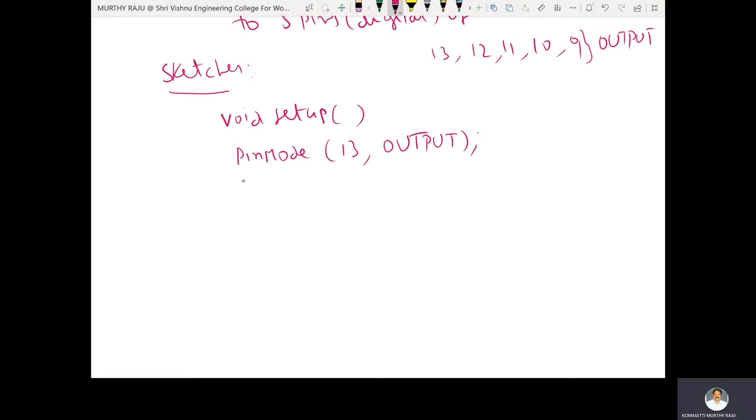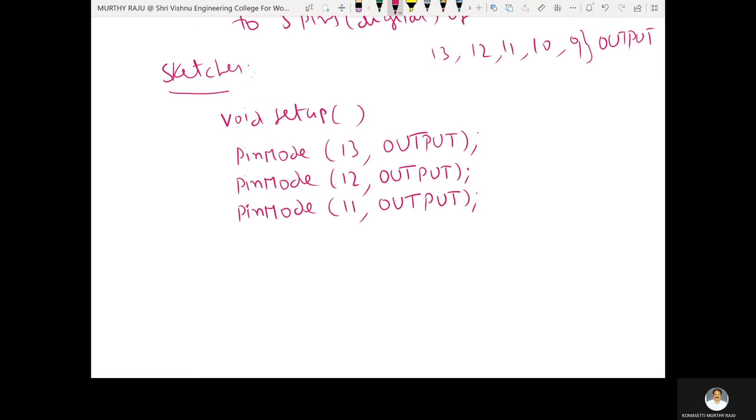Pin mode 13 output. Pin mode 12 output. Pin mode 11 output.